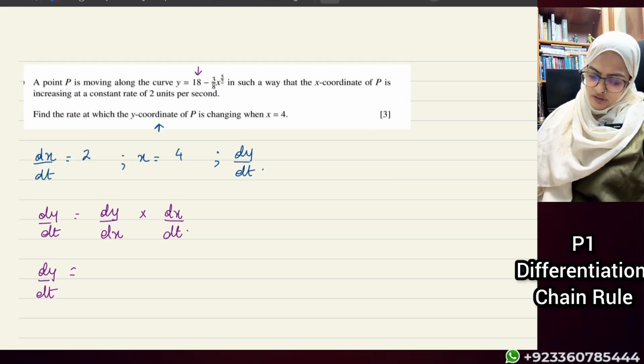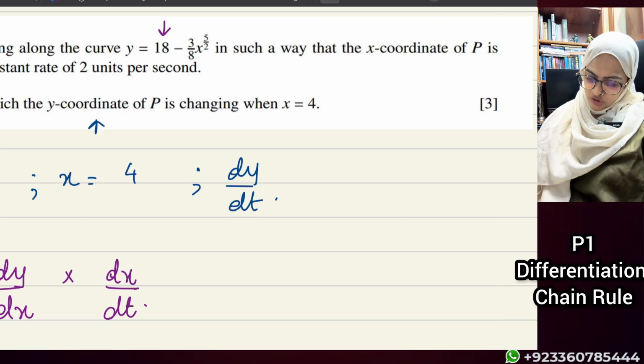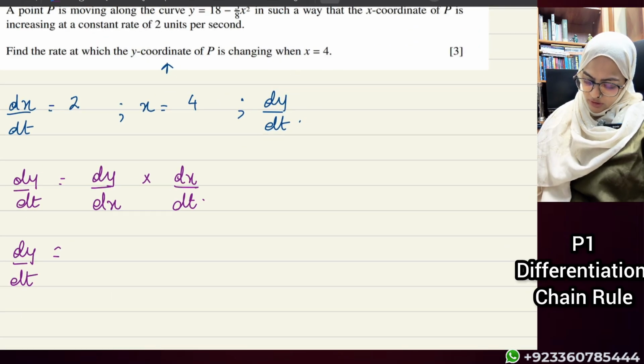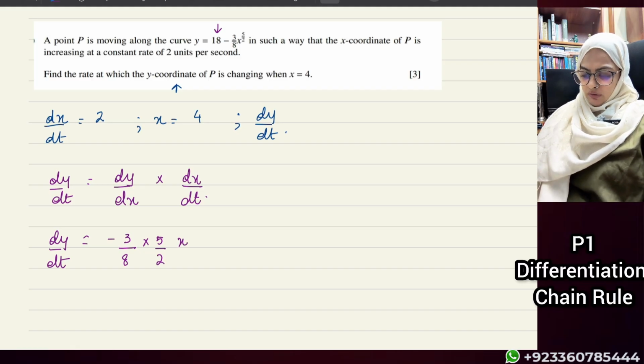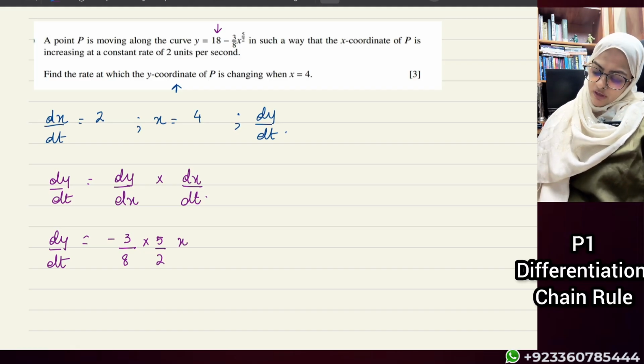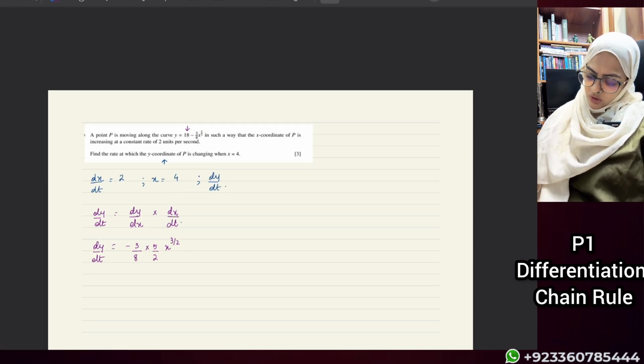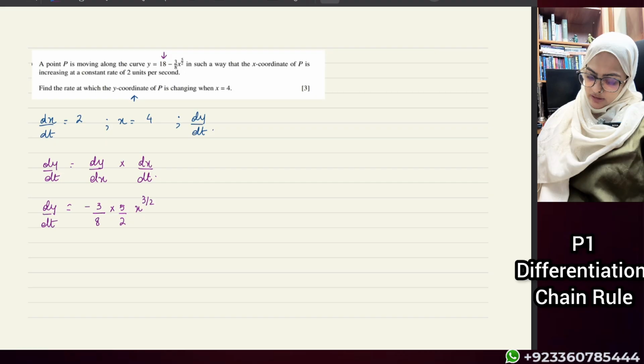So differential of 18 is 0, and the differential of minus 3 upon 8 x to the power 5 upon 2 is minus 3 upon 8 times, we bring the power down, which is 5 upon 2. X to the power 5 upon 2 minus 1 is 3 upon 2, because this is 2.5 and minus 1 becomes 1.5, which is 3 upon 2. And what is dx by dt? Dx by dt is given, which is 2.